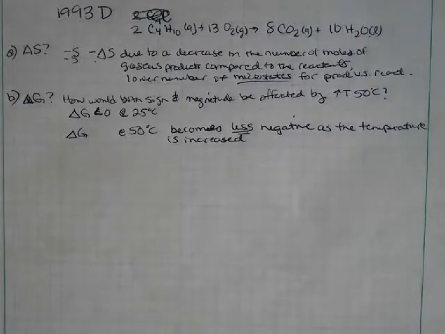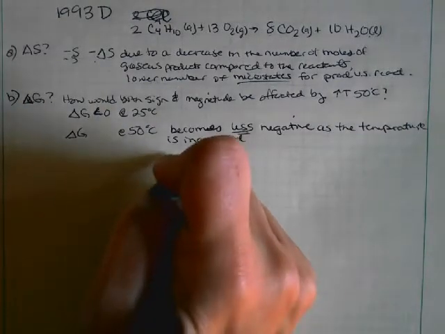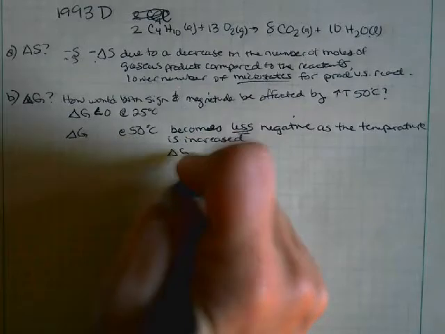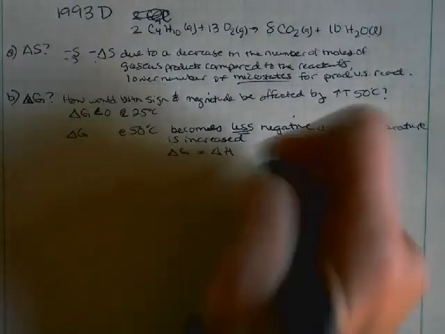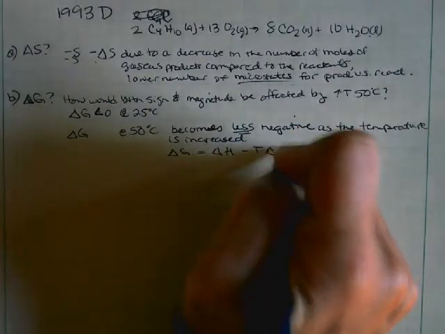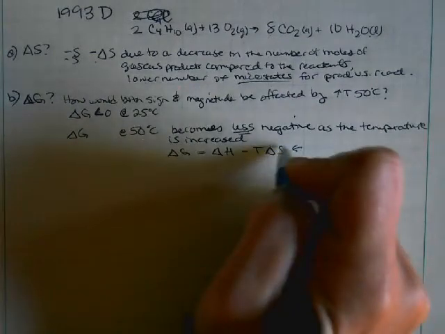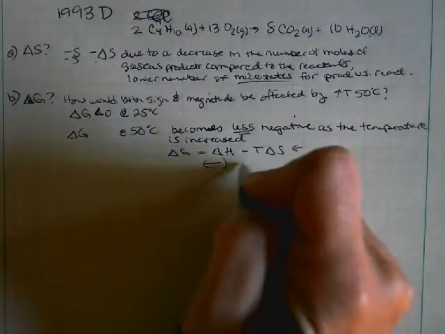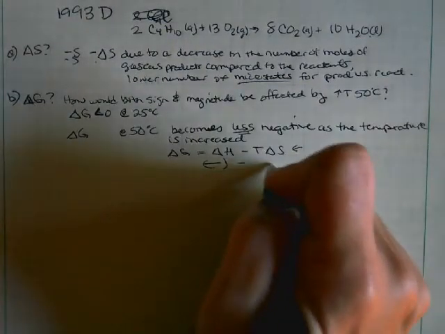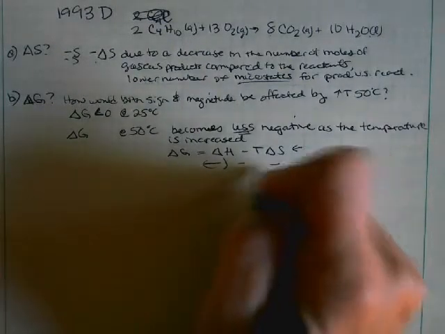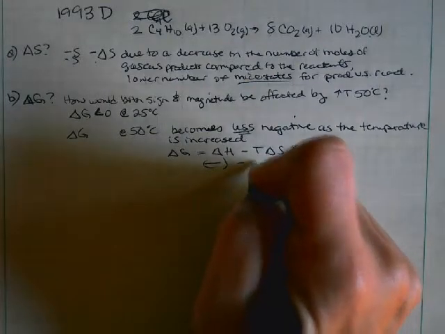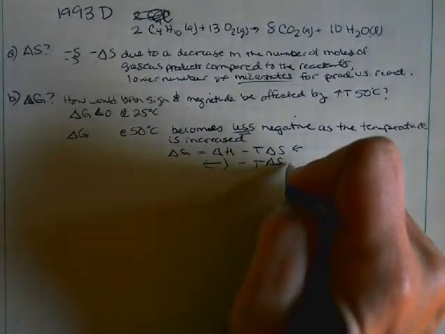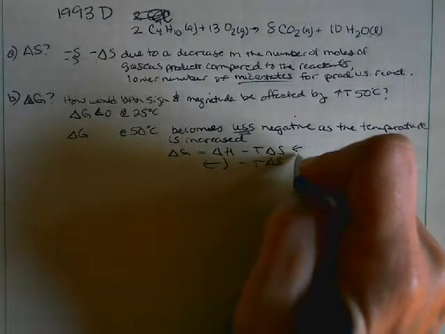So, good. You could once again relate it to this equation. Delta G is equal to delta H minus T delta S. You could say this is negative. That means the contribution of T delta S increases at a higher temperature.